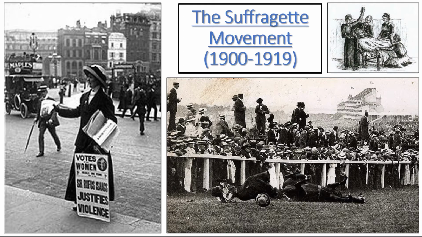They were arrested. They were beaten. They were imprisoned. In prison, they starved themselves and went on hunger strike. They were so committed to their cause. The top right there, you can see they were then force-fed with pipes down their noses and mouths, so they wouldn't die in prison, and the movement couldn't have this cause of people making martyrs of themselves.